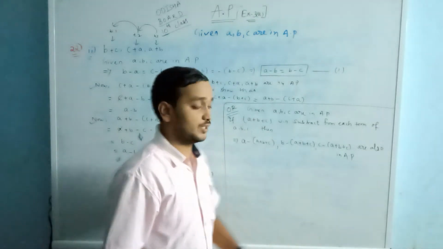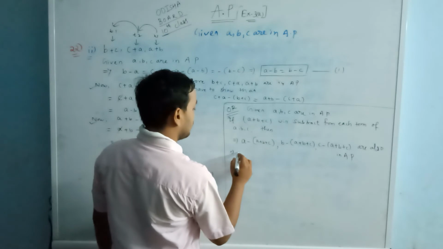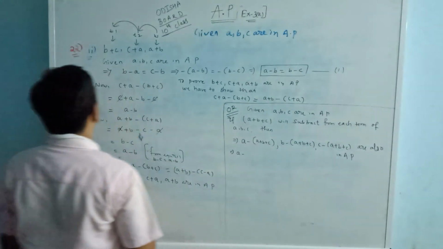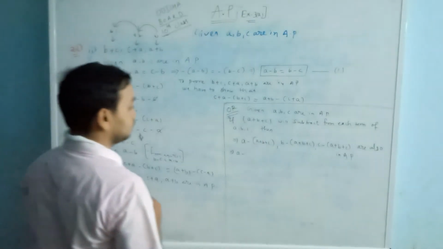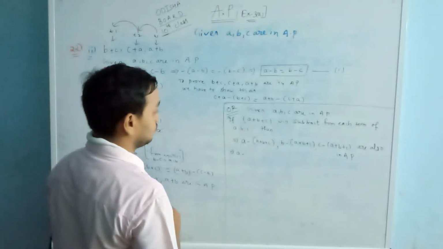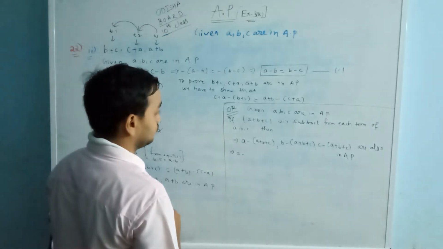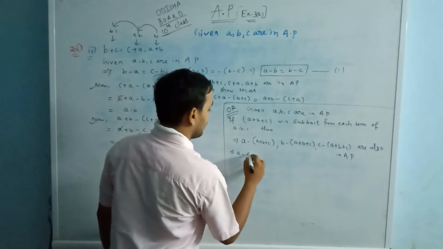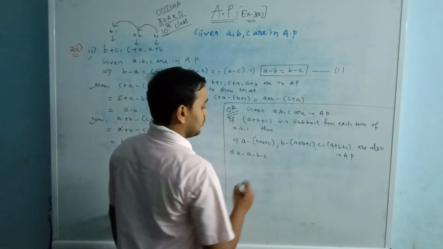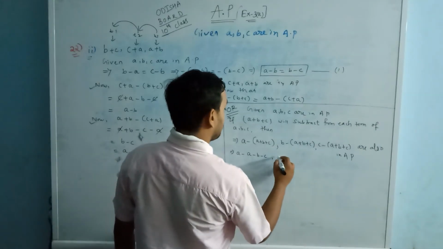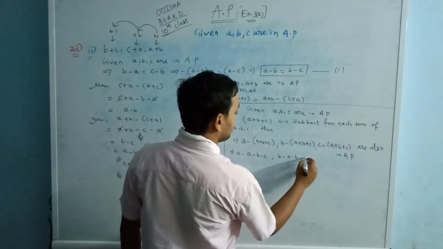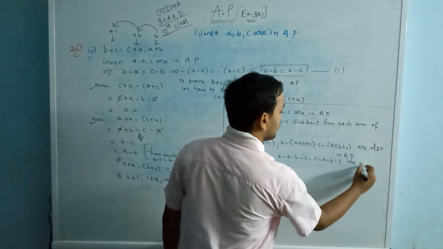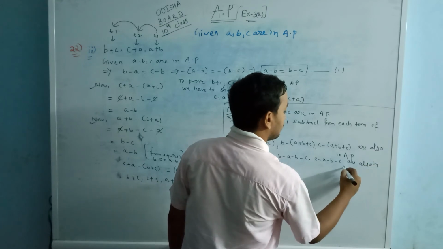Now minus A minus B minus C, B minus A minus B minus C, C minus A minus B minus C are also in AP.